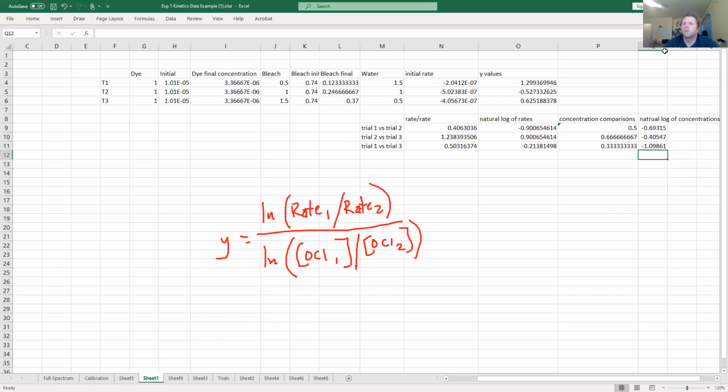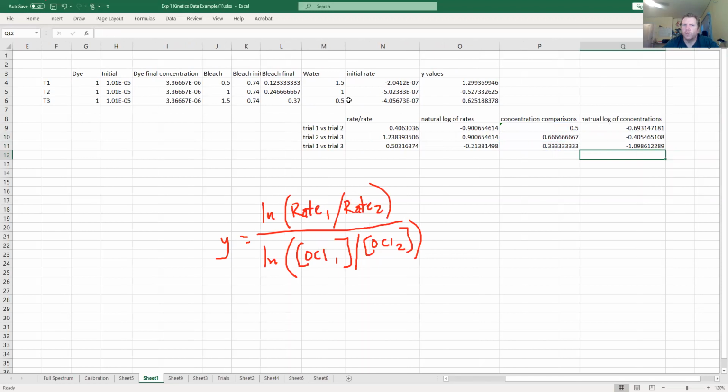Okay, so once I have all of that information, now it's a little bit easier for me to work through or to display what I wanted. So my Y values, I'm going to be comparing the natural logs of my concentrations as well as my rates. So I'm going to say trial 1 versus 2, trial 2 versus 3, trial 1 versus 3.